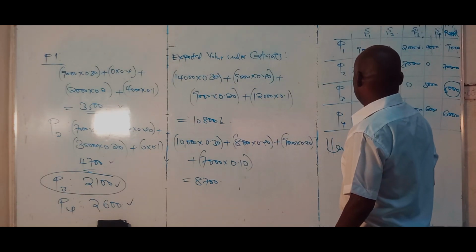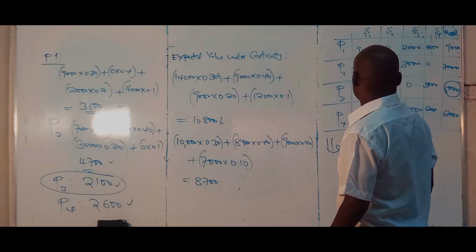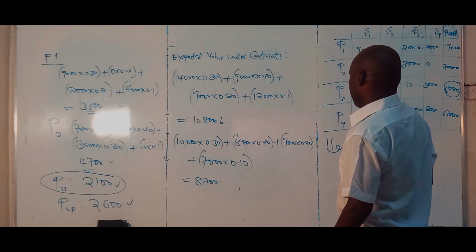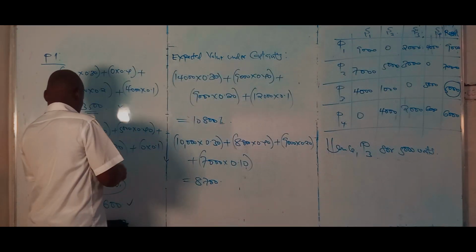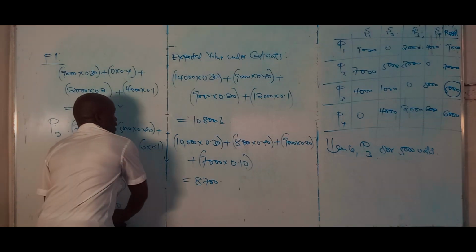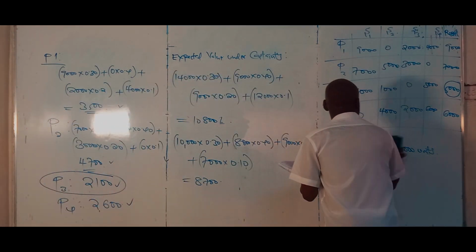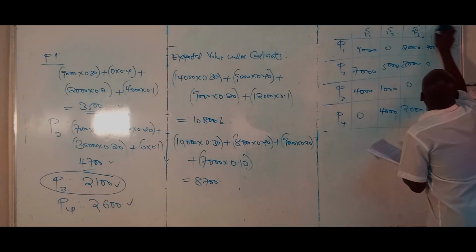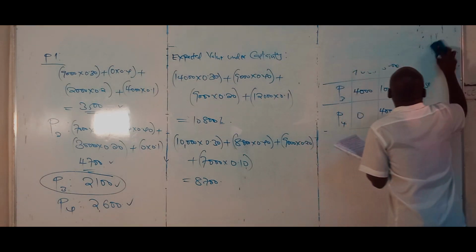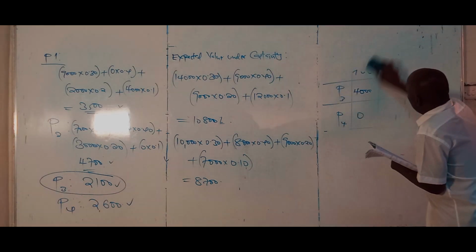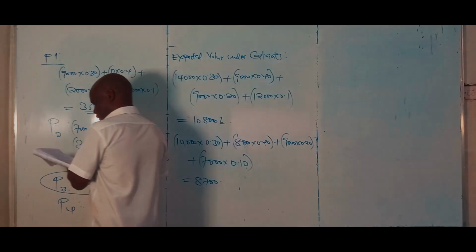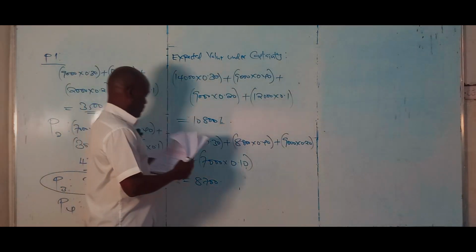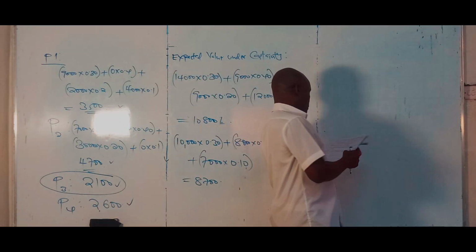And if that is the value that you are going to get, in effect, what it means is that I now need the EVPI, that is expected value of perfect information.